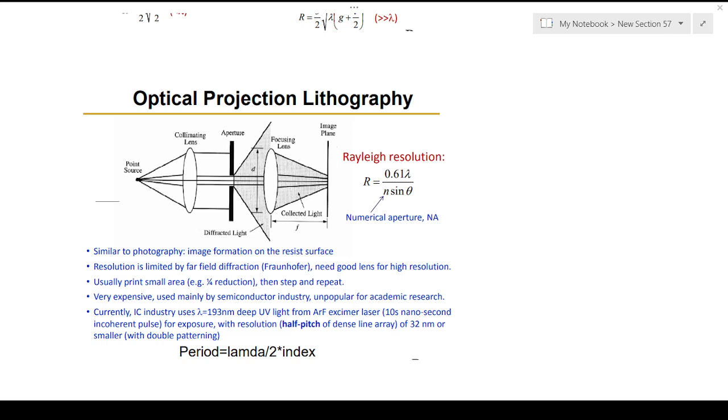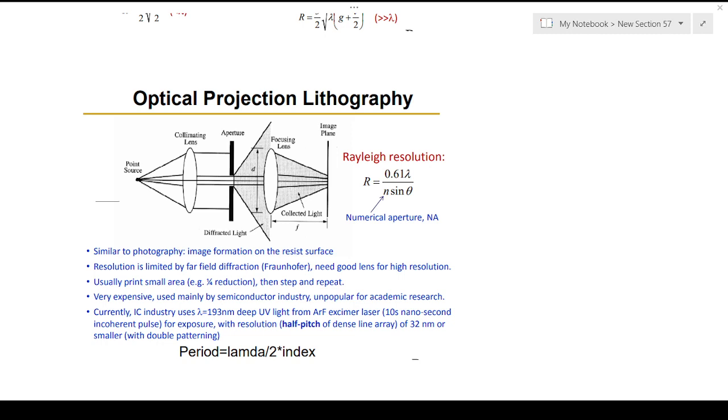And if you want to deal with an even smaller wavelength of light, you can go for the X-ray lithographic technique, where you are again using photons.